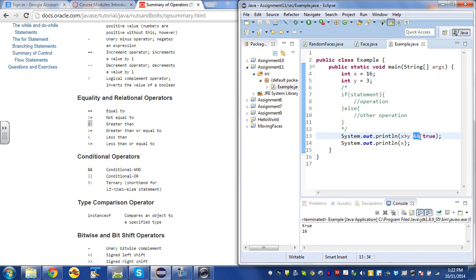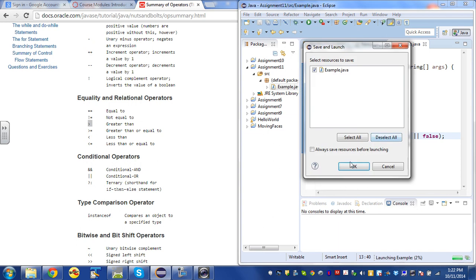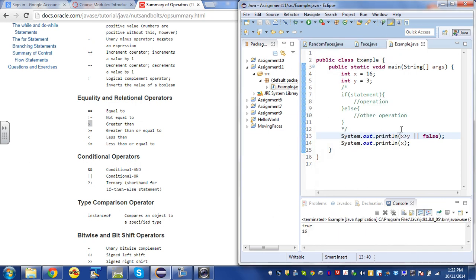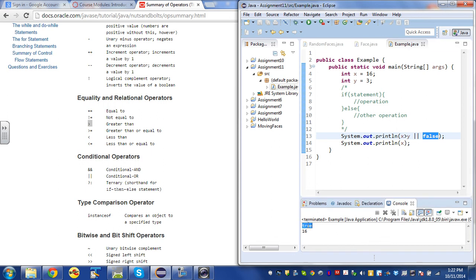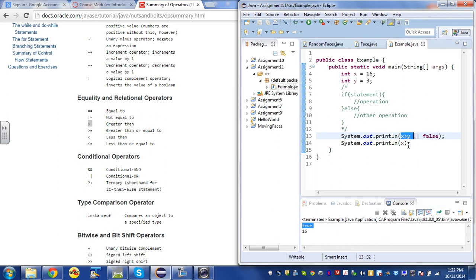Or: Java evaluates this expression, it evaluates this expression, and if either one of them is true, the whole thing is true. Okay? With the and, it's only true if they're both true. With or, if either one of them is true, then the whole thing is true.